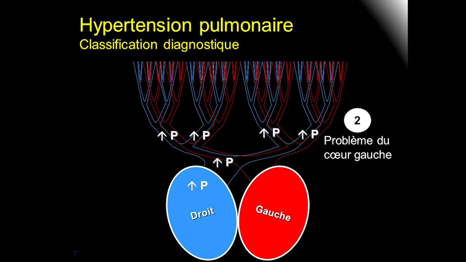To see these forms, you have to understand how pulmonary circulation operates. I told you that it's a little bit like a tree, which takes the blood towards the extremities of the branches, towards the leaves, and once the blood is oxygenated, a second tree takes the blood back towards the left side of the heart. And this blood is oxygenated and has to be pumped everywhere, to our brain, to our kidneys, to our muscles, and so on.